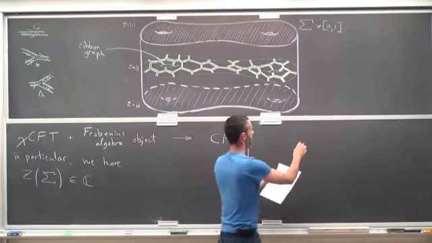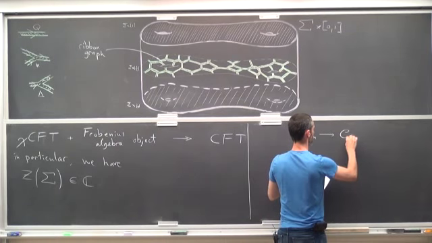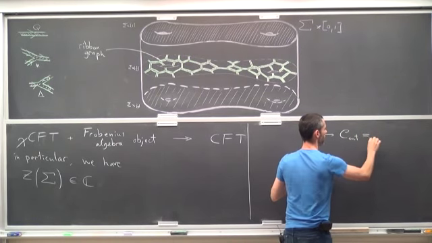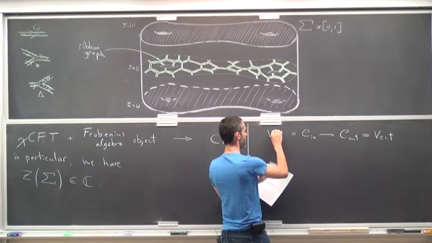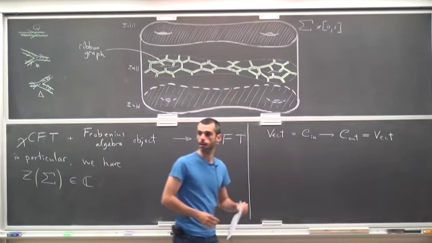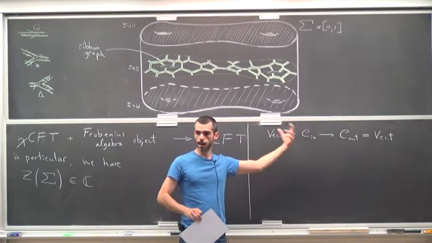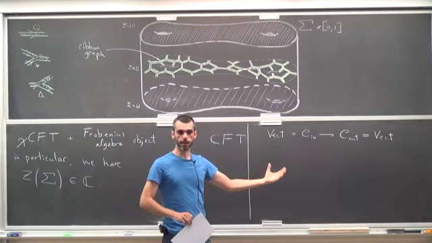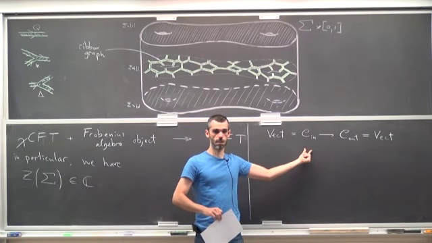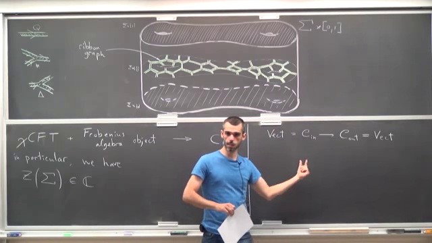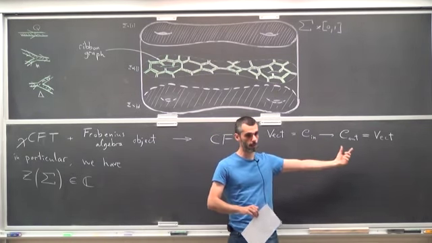So we have associated to sigma a functor from C in to C out, but I told you that that is just Vect, the category of vector spaces, and that is also Vect. And such a functor, I should have said these are linear functors, is entirely determined by where it sends the one-dimensional vector space C. C goes to something, and once you know that, you know that C squared goes to twice that thing, and C cubed goes to 3 times that thing.